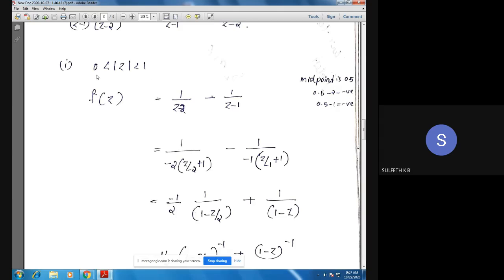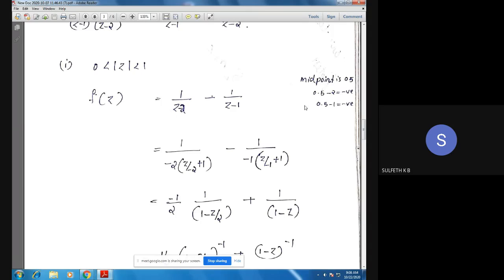We have the range modulus of z lying between 0 and 1. Therefore, the midpoint of 0 and 1 is 0.5. We can substitute the value of z by 0.5.